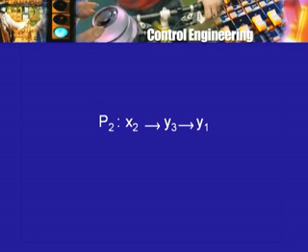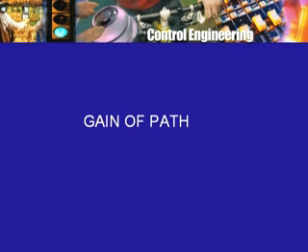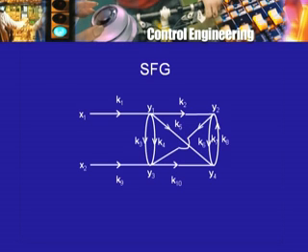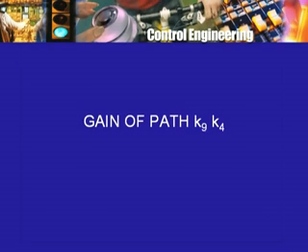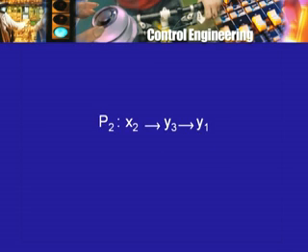So this is one forward path. Let's call it P2. What is the gain of that forward path, the product of all the transmittances along it? From x2 to y3 we have k9, and from y3 to y1 I have k4. So the gain for that is k9 k4.